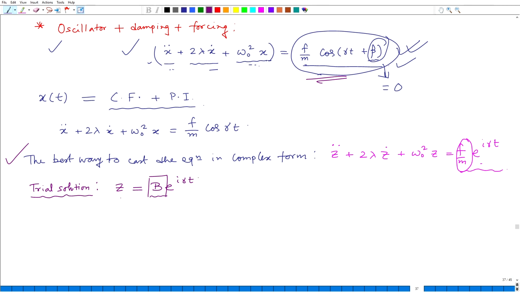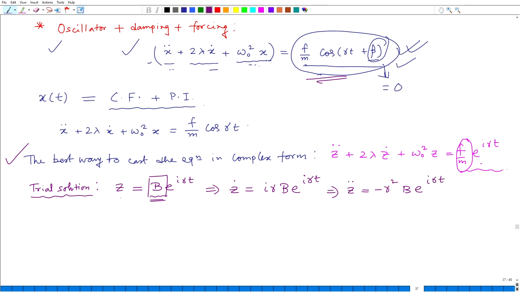that possibility I want to keep alive by keeping this B as a complex amplitude. If you do this, then your z dot will simply be, B is of course constant, i gamma B e to the i gamma t, and z double dot will be minus gamma square B e to the power i gamma t.